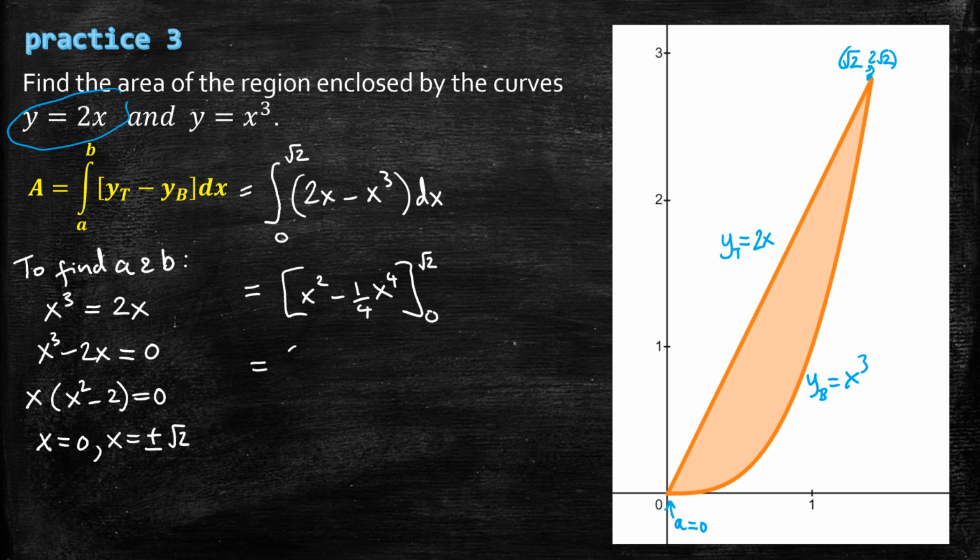If we plug in, radical 2 squared is 2, minus a quarter times radical 2 to the 4th, which is radical 2 squared squared, so that's just going to be 4. Zero will give 0 throughout, and 2 minus 1 is 1, so the area of that shaded region is 1. It's sometimes hard for students to understand how the area of such an unusually shaped region can be exactly 1, but there it is.